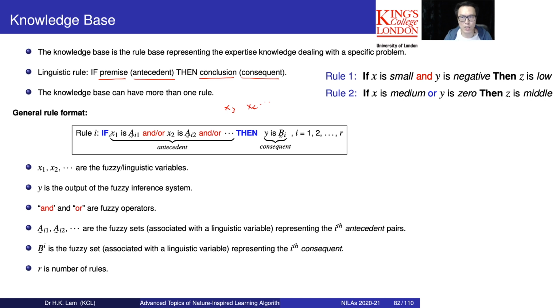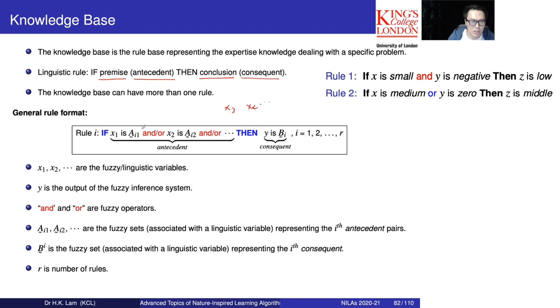Now this x1, in our previous driving example, we used distance as x1, so we can use some meaningful names instead of just x1, x2. The same for the fuzzy term here, A sub I1. We can also use some meaningful labels, say small, medium, negative, positive.